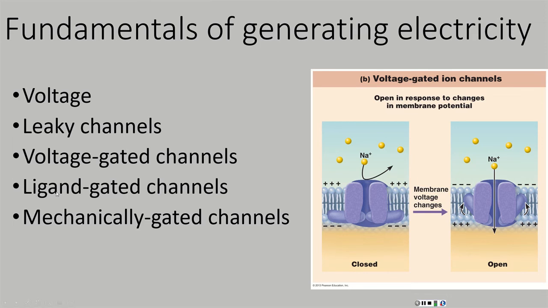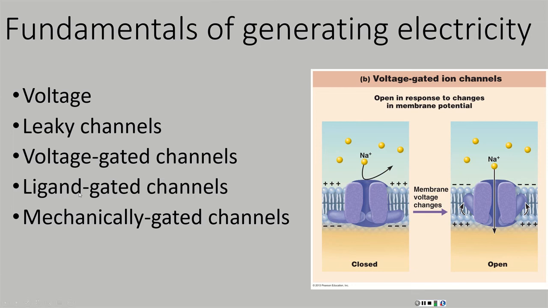There's another type of channel called a ligand-gated channel. Ligand-gated channels open and close in response to a ligand. Well, what's a ligand? A ligand is simply a substance that can attach to a protein and cause it to change shape.